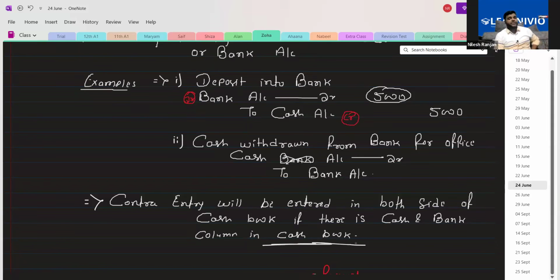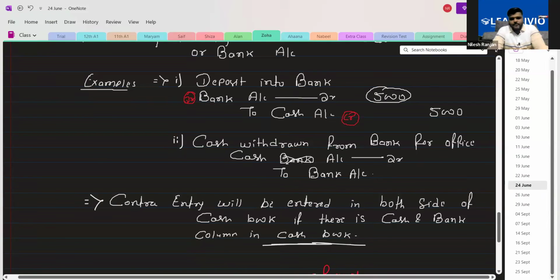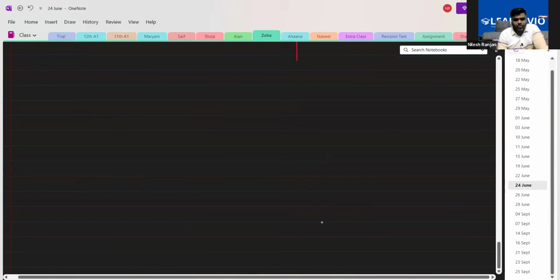If you're maintaining cash and discount columns, then there is no contra entry. Contra entry is used only if the two columns we are using are cash and bank. Now, how it is written, that is important.